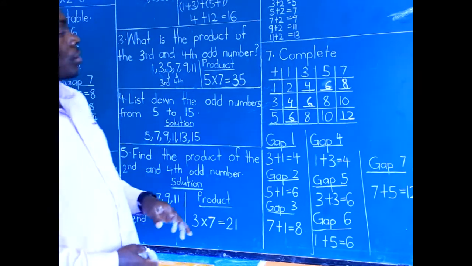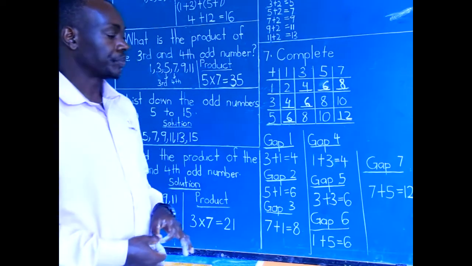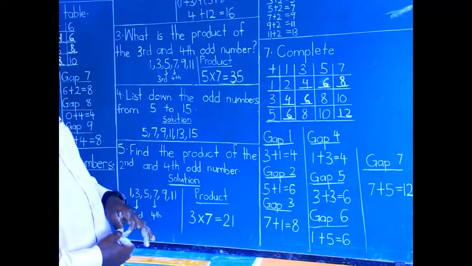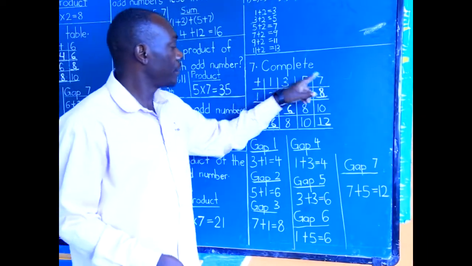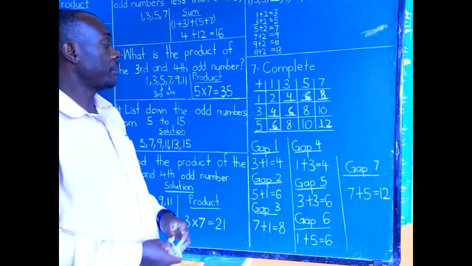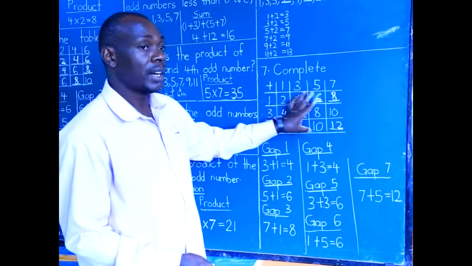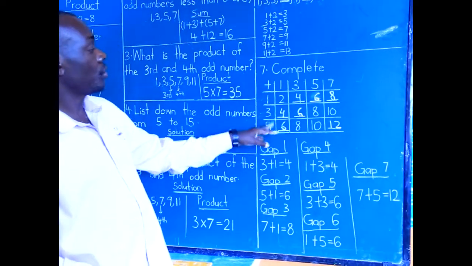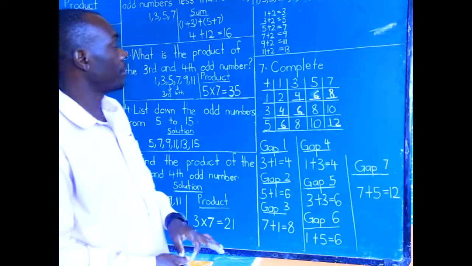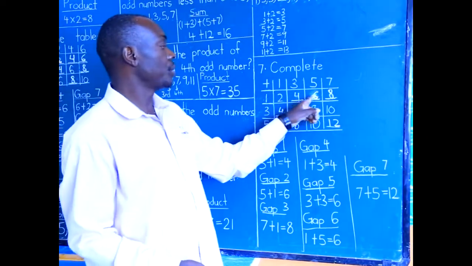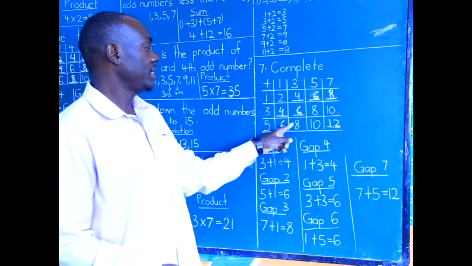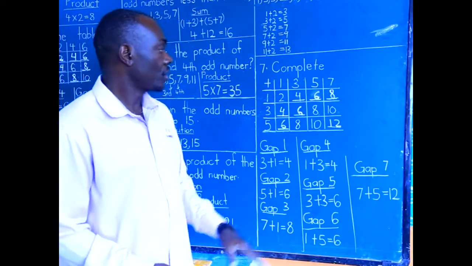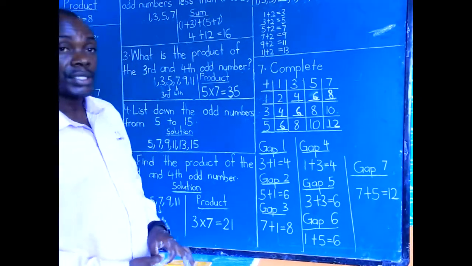Now, what's the conclusion about the table? We shall conclude that when an odd number is added to another odd number, one gets an even number. We see that all these answers are even numbers. You see 2, 4, 6, 8, 4, 6, 8, 10, 6, 8, 10, 12. So none of them is an odd number.